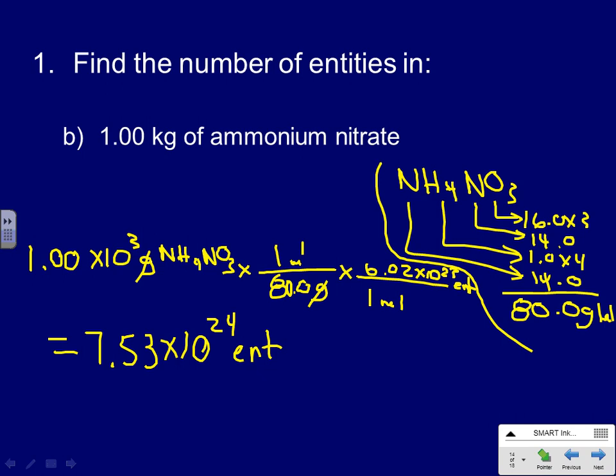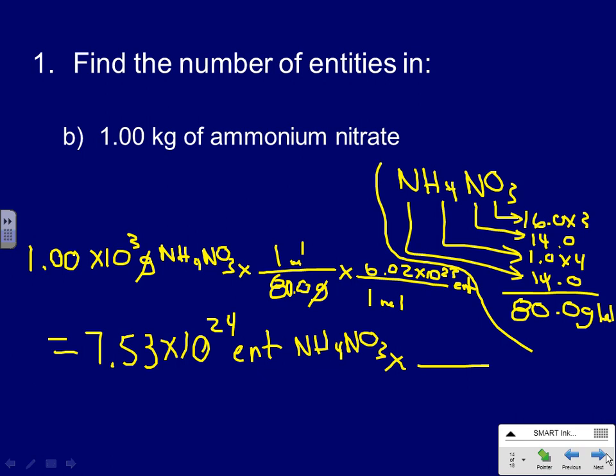I want to do one example of going back the other way. You know what? Just to add one extra thing that I don't have in my example, we could turn this into individual oxygen atoms. What if I had entities of NH4NO3, and I wanted just oxygen atoms? What conversion factor would I need to finish this?